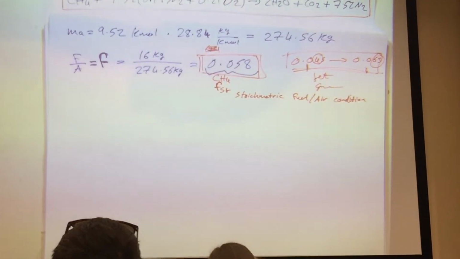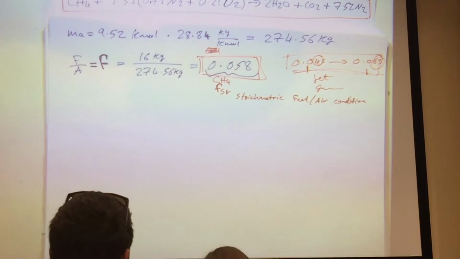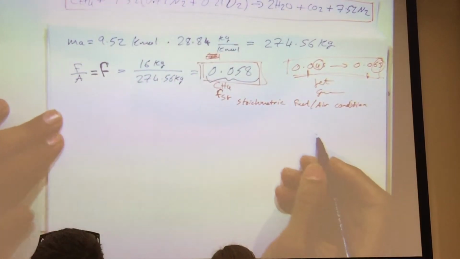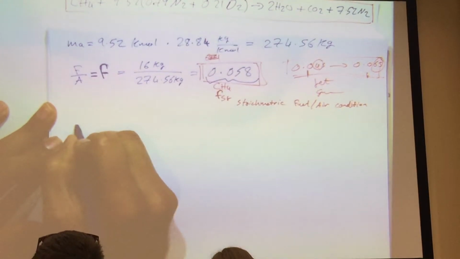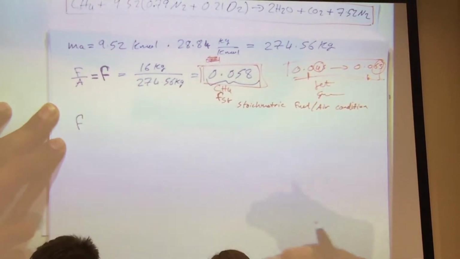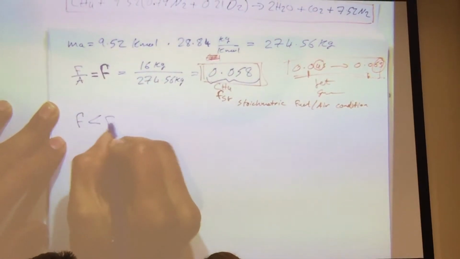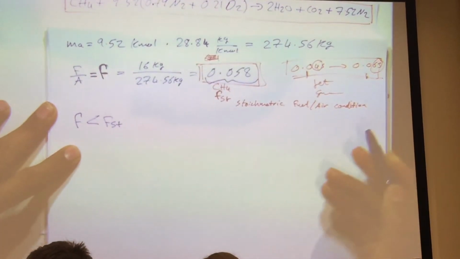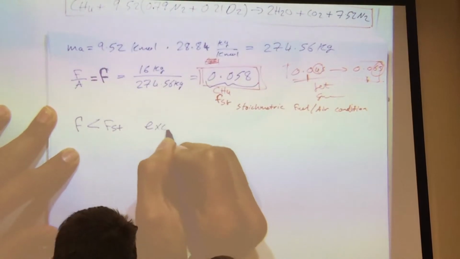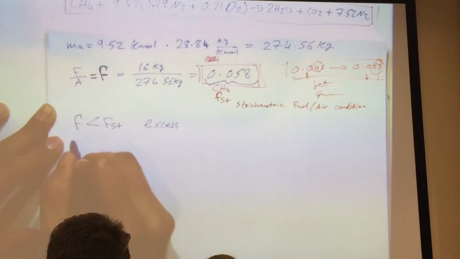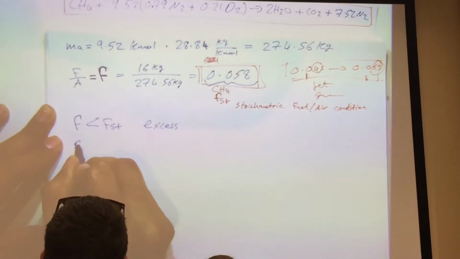So what if I have excess fuel or I have excess oxygen? What happens? If the fuel to air ratio that I compute is less than F stoic, which is the stoichiometric condition, then what do I have? I have excess what? And if it's greater than?